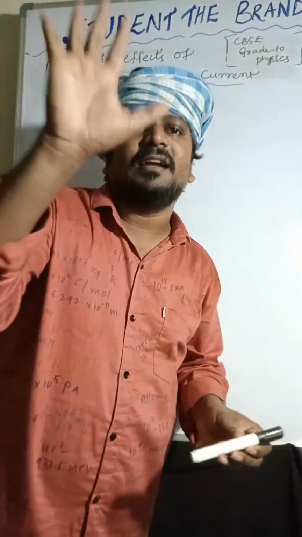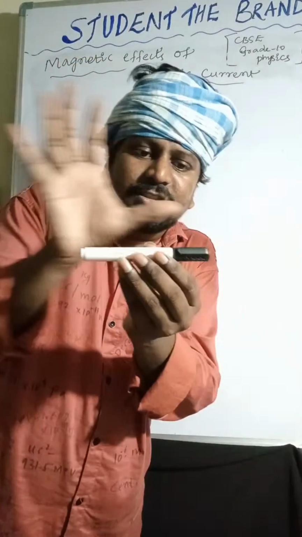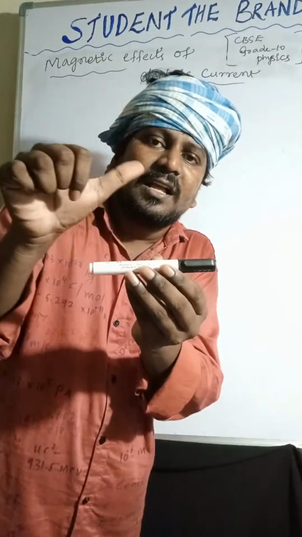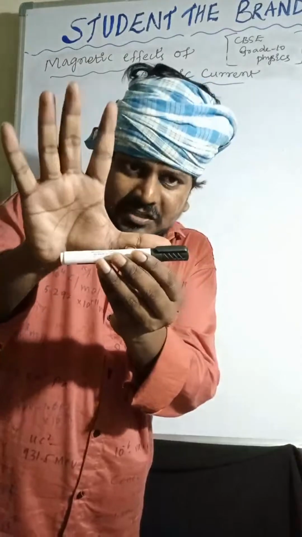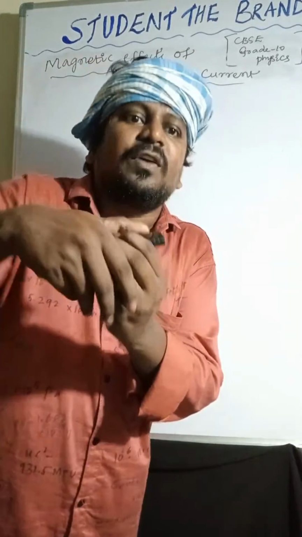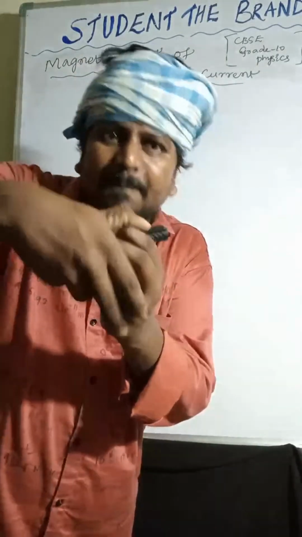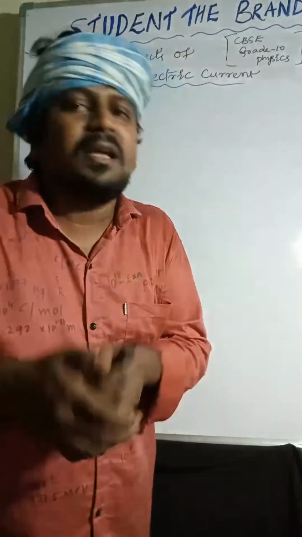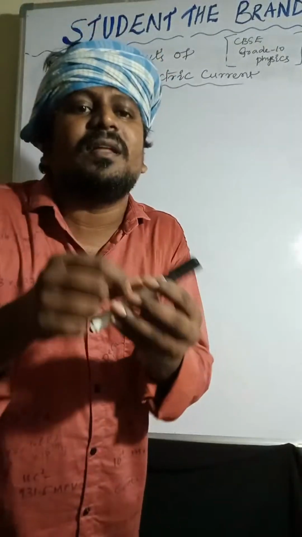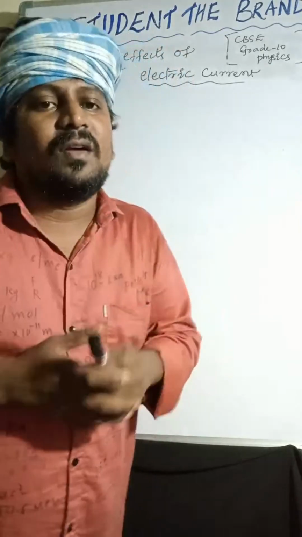So the right hand thumb rule: if you take the right hand, the thumb shows along the current direction, and the curly, folding, wrapping fingers show the magnetic field around the conductor.